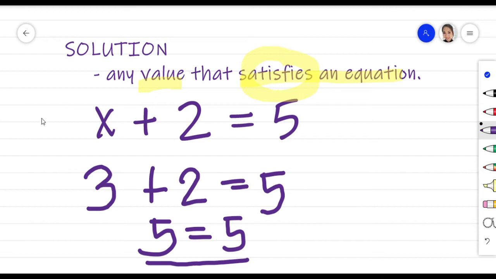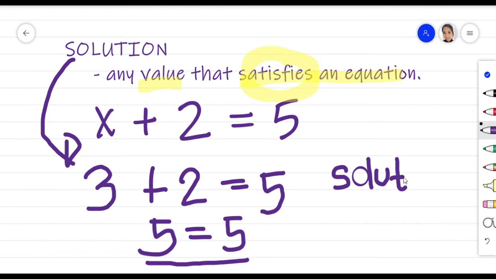So we call 3 our solution. So let's write here, our solution is equivalent to 3. So, we have only one solution for this equation.